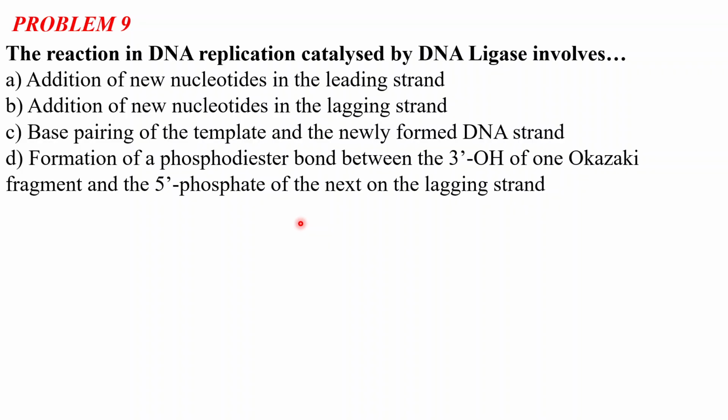I will give you 2 minutes. Read all the options very carefully and then let me know A, B, C or D, which will be the correct answer. The reaction in DNA replication catalyzed by DNA ligase involves: A, addition of new nucleotides in the leading strand; B, addition of new nucleotides in the lagging strand; C, base pairing of the template and newly formed DNA strand; and D, formation of phosphodiester bond between the 3' OH of one Okazaki fragment and the 5' phosphate of the next on the lagging strand.